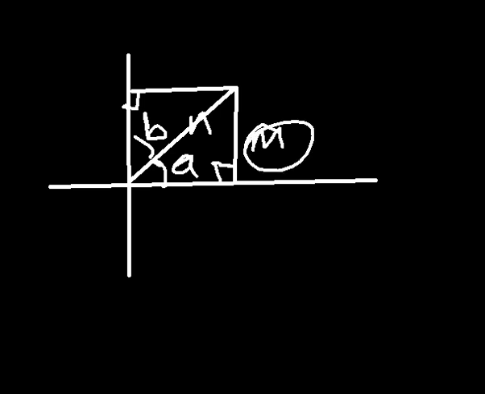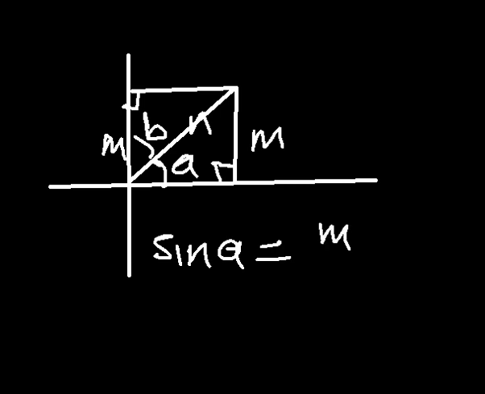If this is M, it means this side is also M. So at the end of the day, this is angle A, this is opposite, and this is hypotenuse, of which we have sine. So the sine of angle A is equal to M over N.